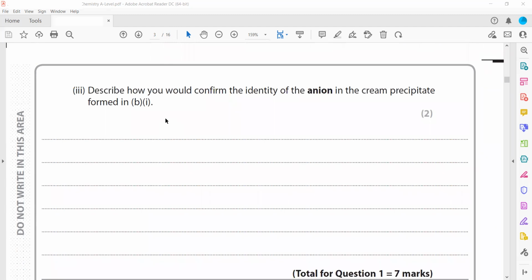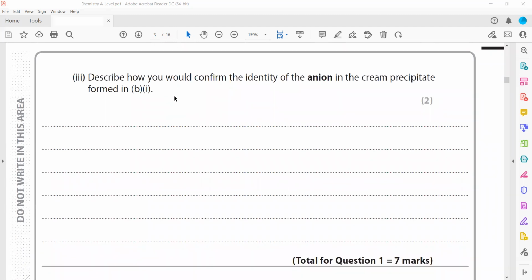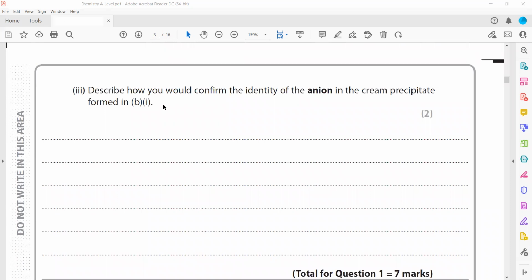Then describe how you would confirm the identity of the anion. So how to confirm the identity of the anions? If we want to say that a bromide ion is present, we can add concentrated aqueous ammonia, because first we add dilute aqueous ammonia and the precipitate does not dissolve, and then we add concentrated aqueous ammonia, and the precipitate will dissolve.